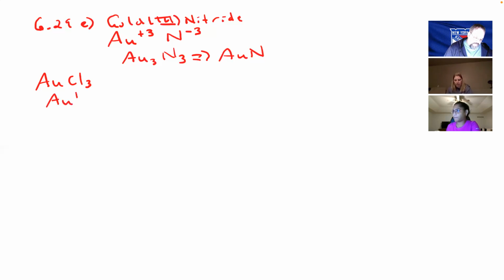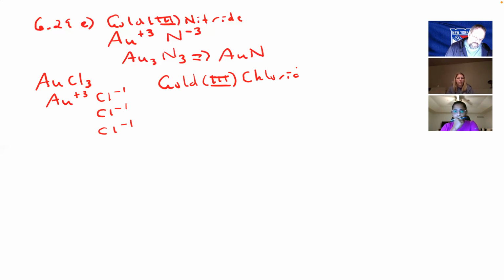So we figured out that we would have 3 chloride ions and 1 gold ion, and that the charge of the gold had to be +3. So to write the name, we would have gold 3 chloride. Got to give the Roman numeral indicating the charge next to the name because it's a transition element.